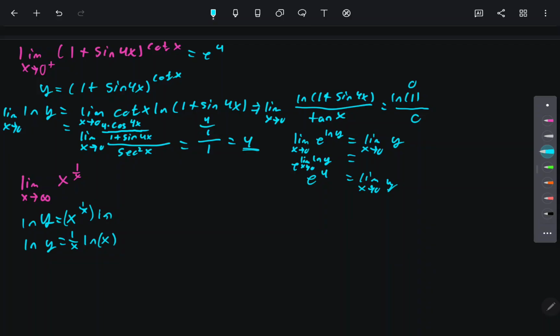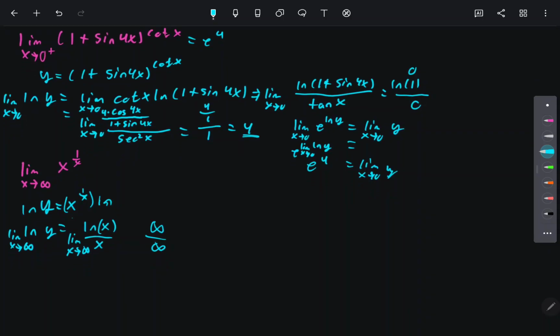So, let's see. We're taking the limit as this expression right here goes to infinity. Or we want to know what happens as x goes to infinity. In this case, we have an infinity over infinity indeterminate form. So we need to take the derivative of the numerator and the denominator.